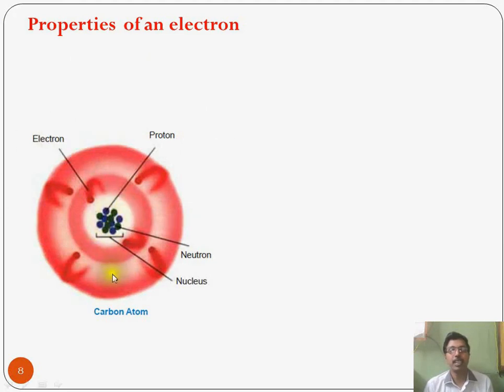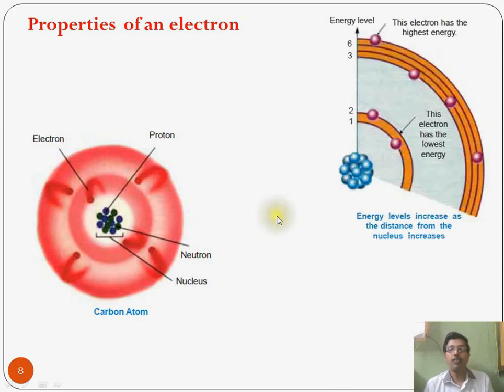If you take a carbon atom, the center, the innermost part, is called the nucleus. The nucleus contains protons and neutrons, and the electrons are available in its outer orbits.